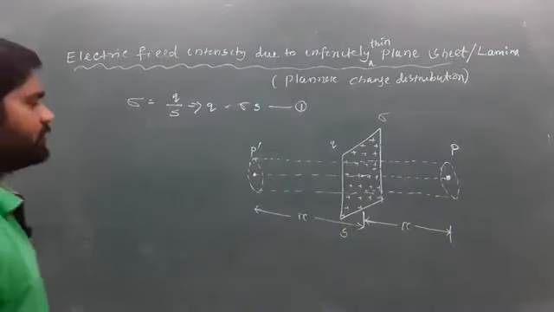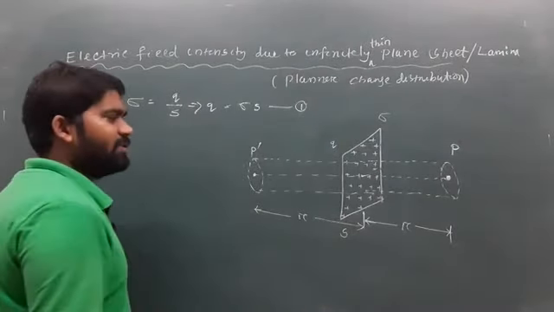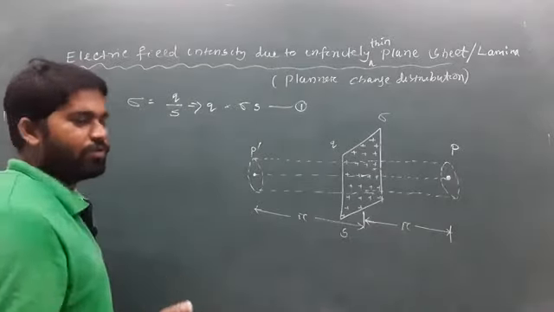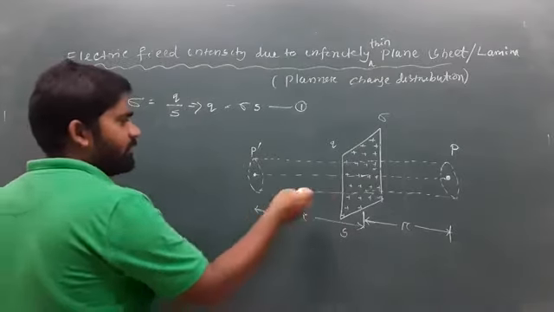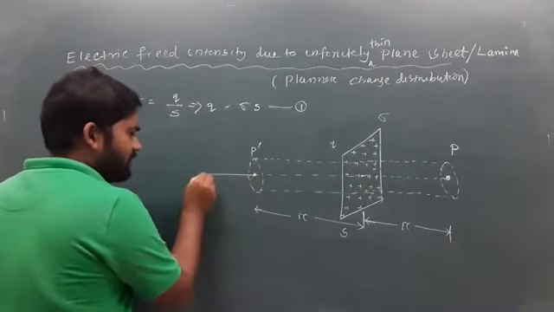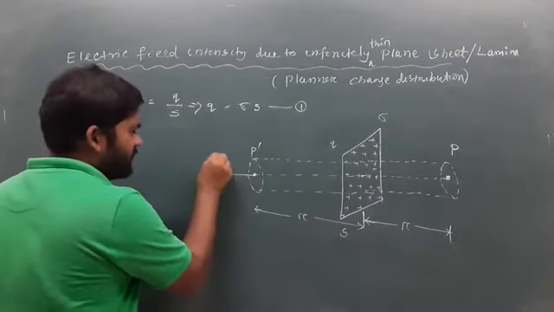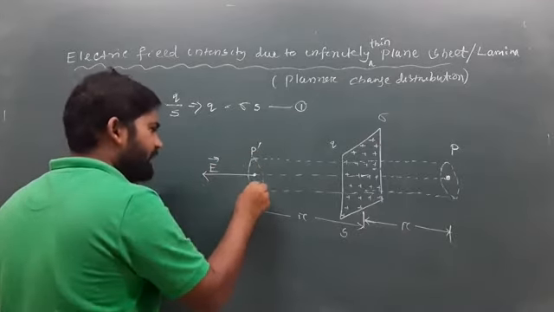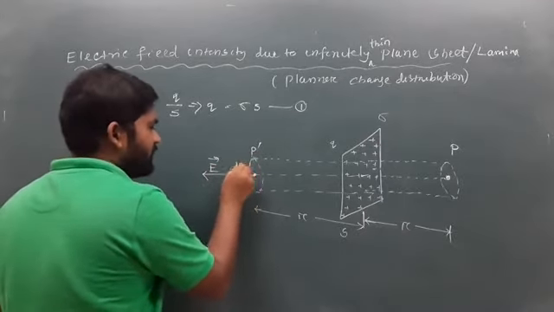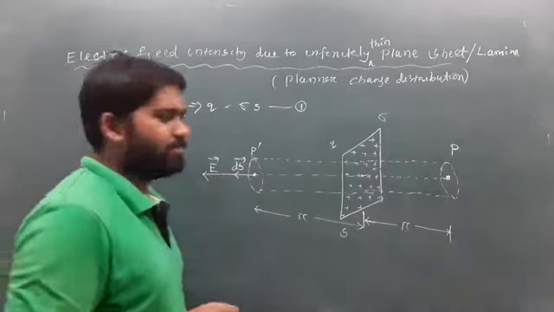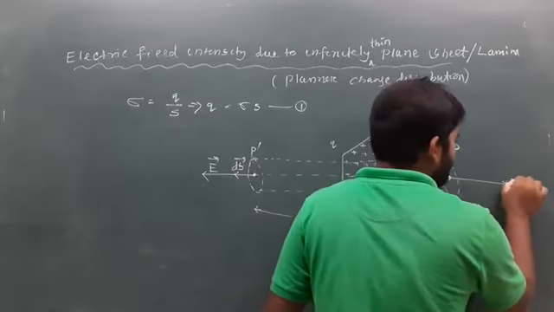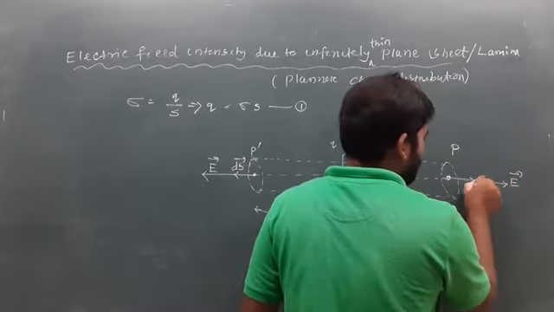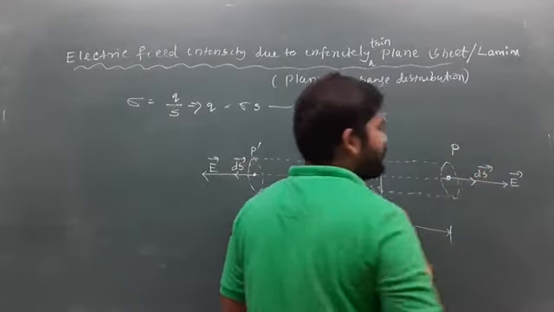Here we have to determine the electric field by using Gauss law, and there will be three different surfaces. For this plane surface, the electric field is along this direction, and as it is a plane, the surface vector is also along the same direction. This one is also a plane, so the electric field and the surface vector are along this direction.